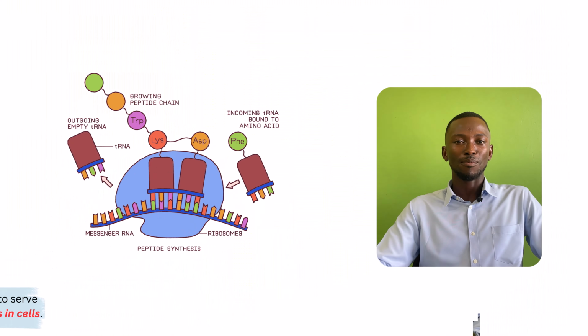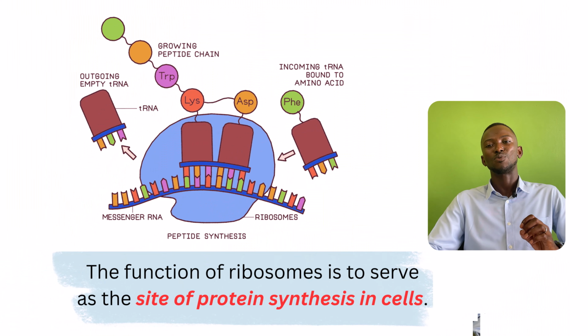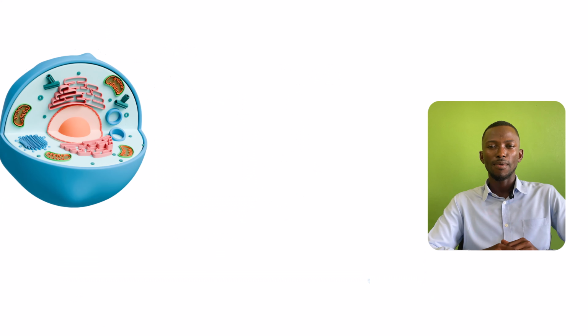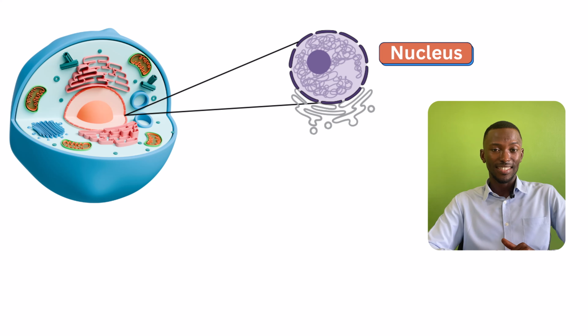Next up, we have the ribosome. We can compare the ribosome to the factories of the cell. Because of the presence of ribosomes, our cells are able to make protein. And this protein influences the kind of character that we see in living things. Remember we said the nucleus contains the DNA, deoxyribonucleic acid, and this DNA contains information for making a particular protein.